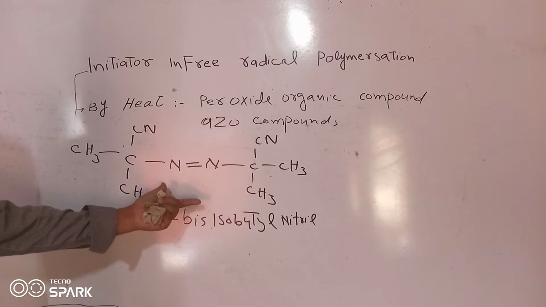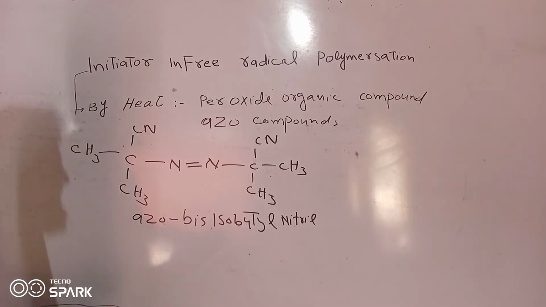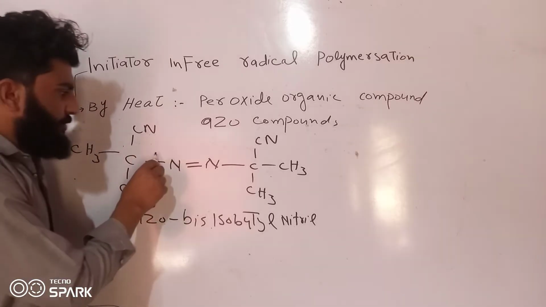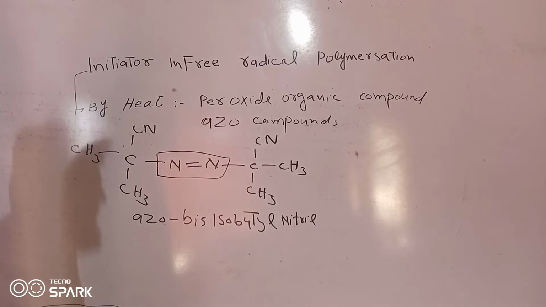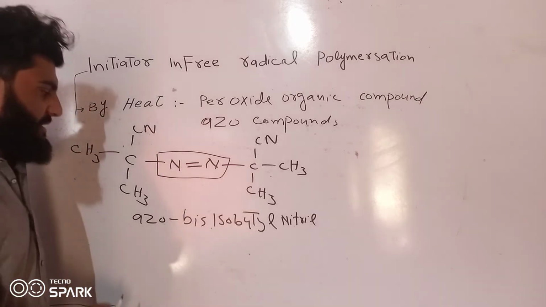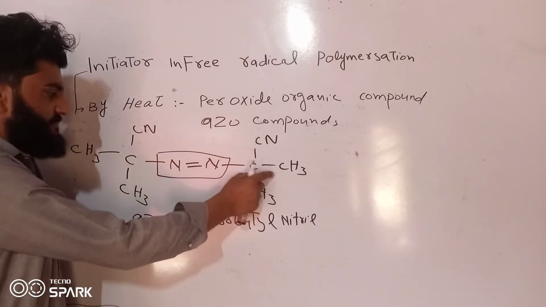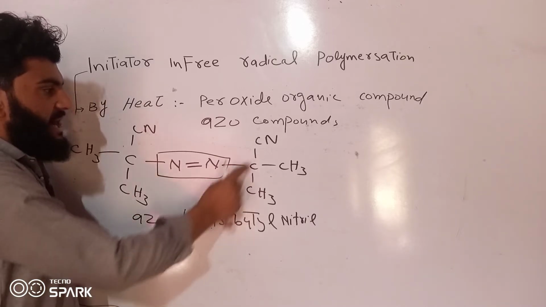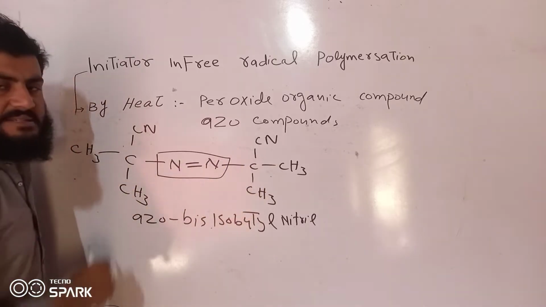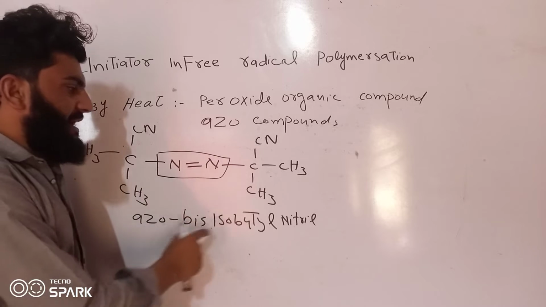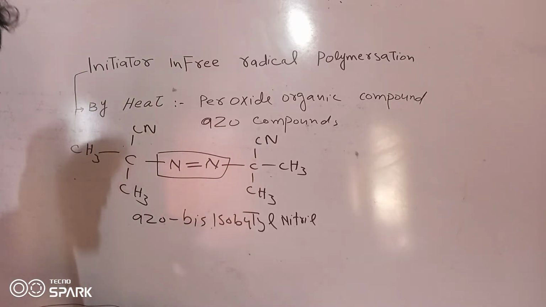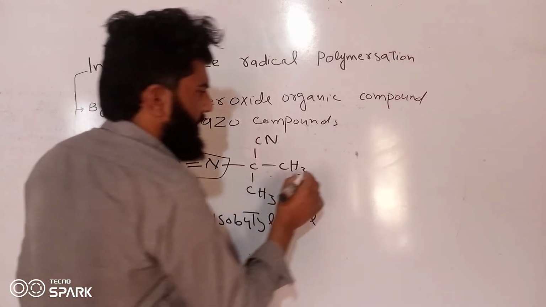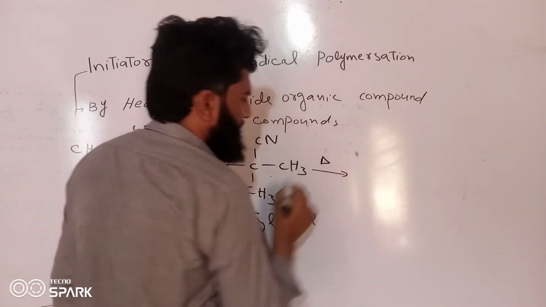This is an azo compound. We call it an azo compound due to this functionality. Bis means two: this is isobutyl and this is isobutyl, and this is a nitrile group and this is a nitrile group. When we heat it, what happens?